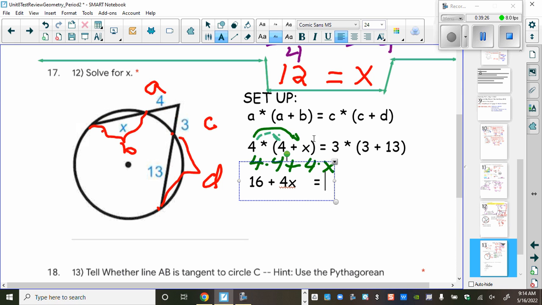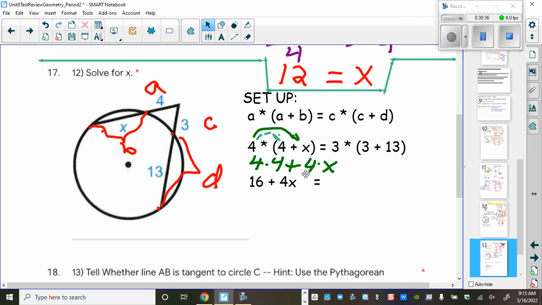Now on the other side of the equal sign, you got a couple of options. Can we distribute or can we just work inside the parentheses? Also, actually, I'll make your life even easier. This 3 times 3 plus 13. Can you just type that whole side into the calculator?